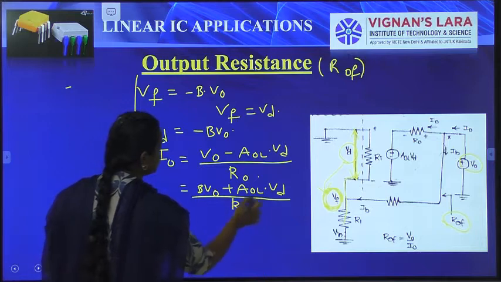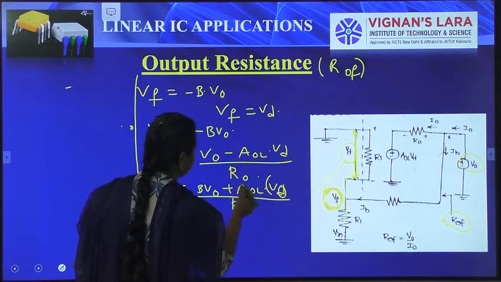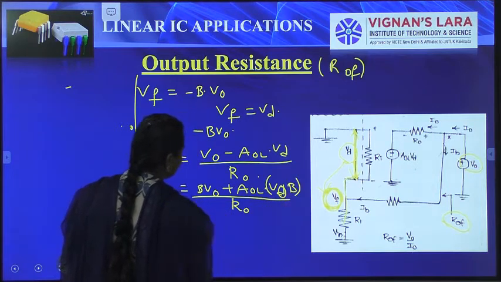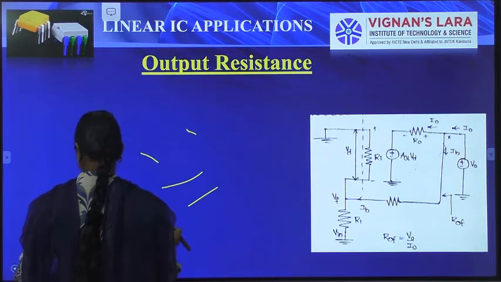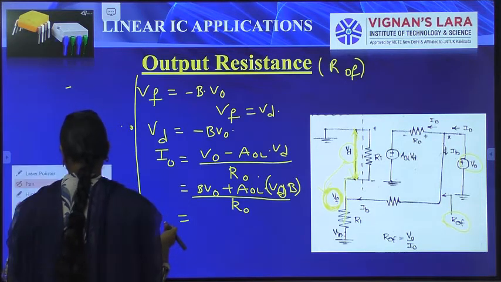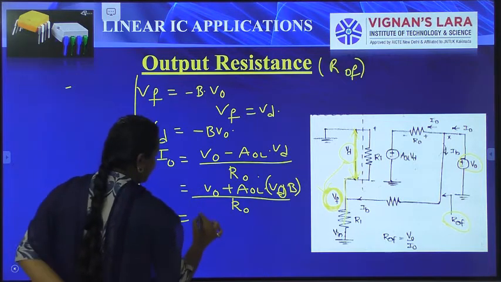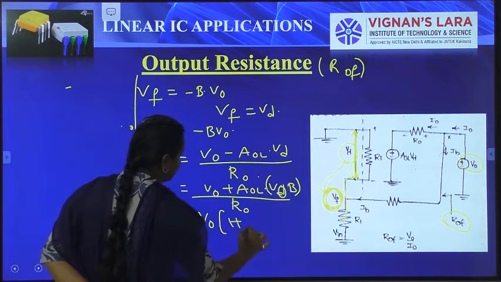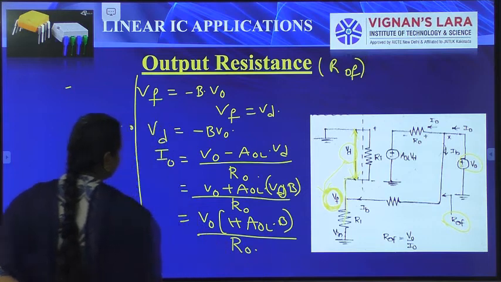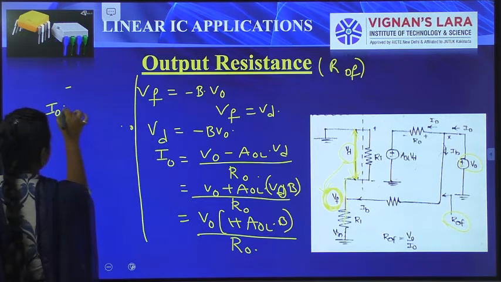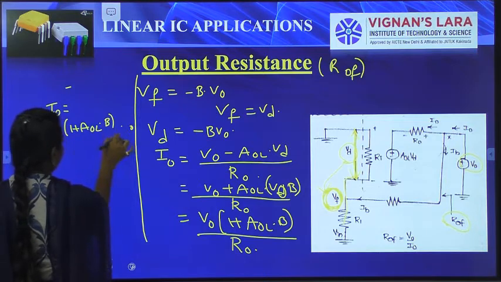The minus VD becomes plus V naught into B. So taking out V naught common, 1 plus AOL into B by R naught, we get I naught is equal to V naught of 1 plus AOL into B by R naught.